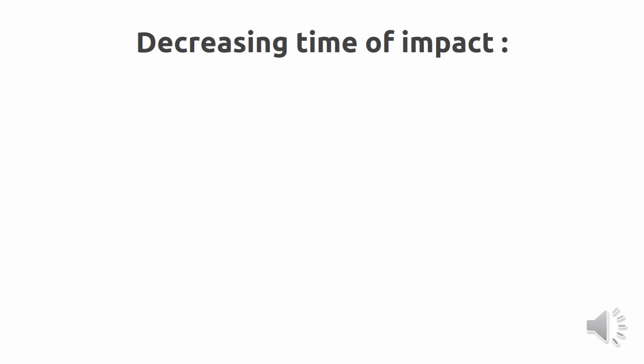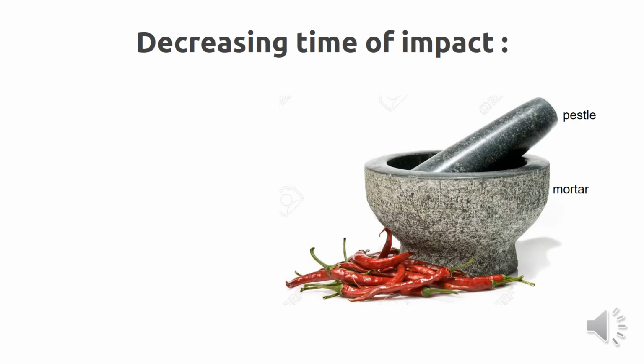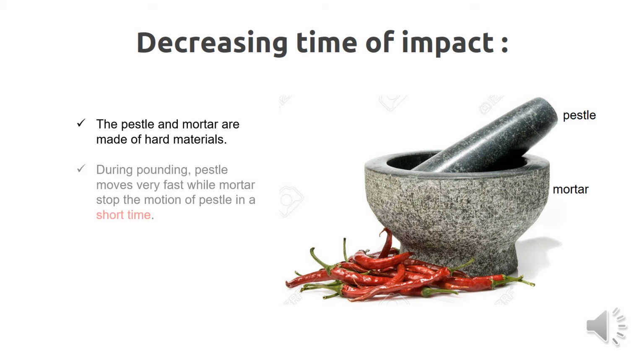Second, what will happen when we decrease the time of impact? This is the situation. The pestle and mortar are made of hard materials. During pounding, the pestle moves very fast, while the mortar stops the motion of the pestle in a short time.